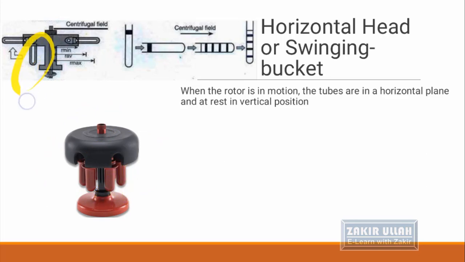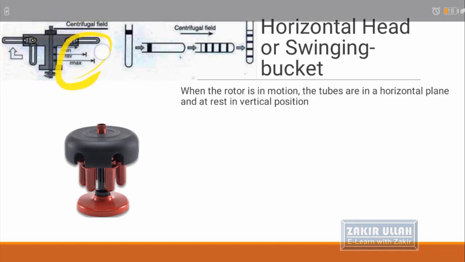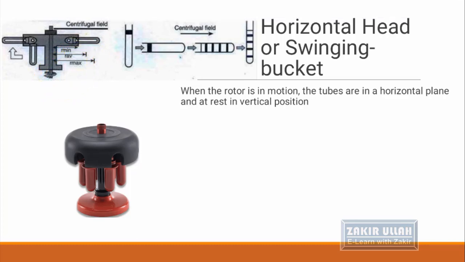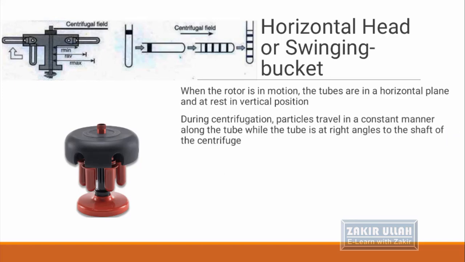When it is in motion, the tubes attain a horizontal position. It becomes 90 degrees to the motor. During centrifugation, particles travel in a constant manner along the tube, while the tube is at right angles to the shaft of the centrifuge.